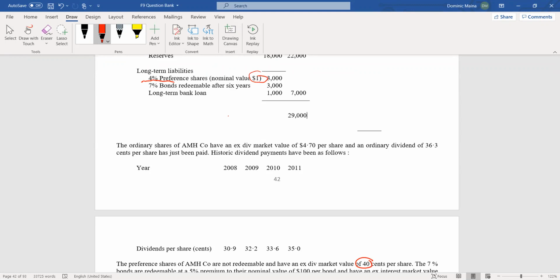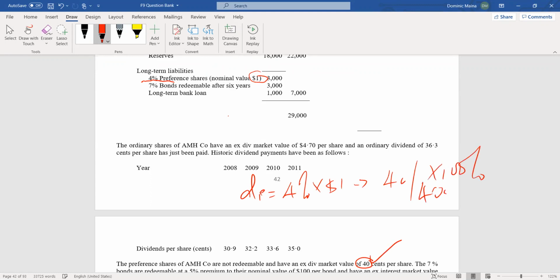Therefore the preferred dividend will be equal to 4% times the nominal value of 1, which gives us 4 cents. The 4 cents divided by the market value of 40 cents, we express as a percent. This is what we're going to do.